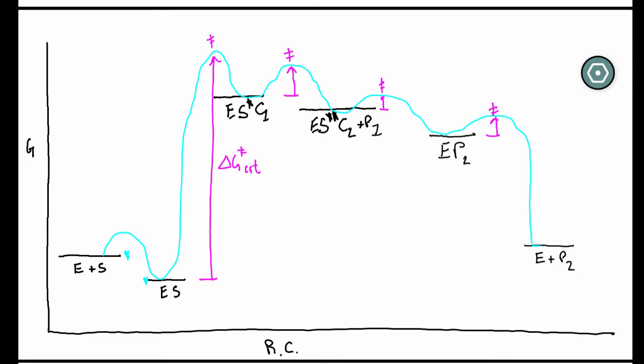So we have several different transition states. But the one that has the largest activation energy between essentially the preceding form, in this case ES, to that transition state, that's going to be the rate limiting step, the step that's the slowest, and therefore it has the largest activation energy, and it will also have, incidentally, the smallest rate constant.